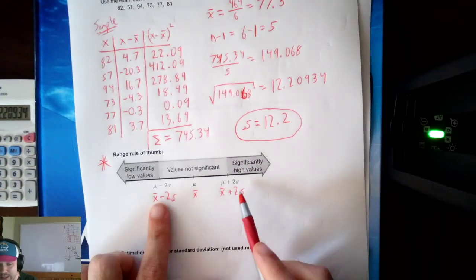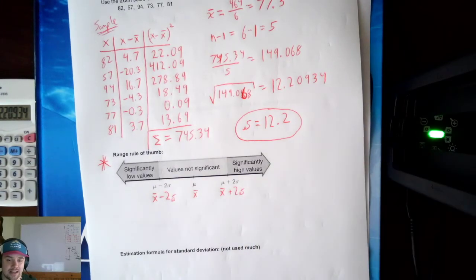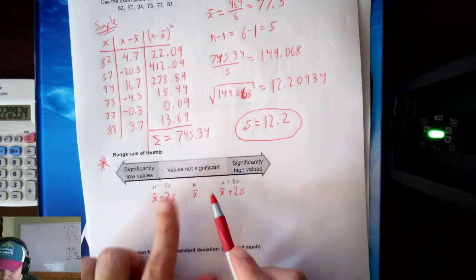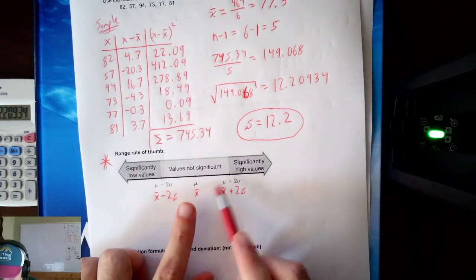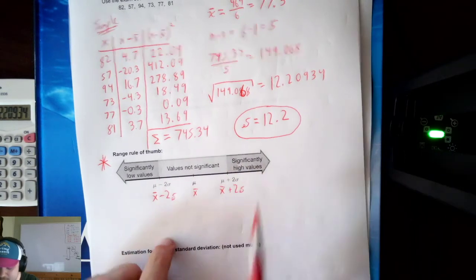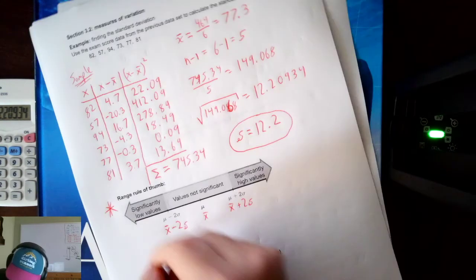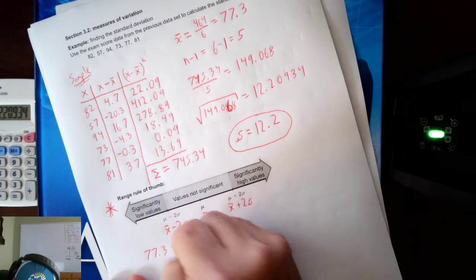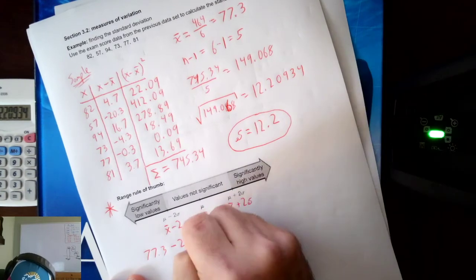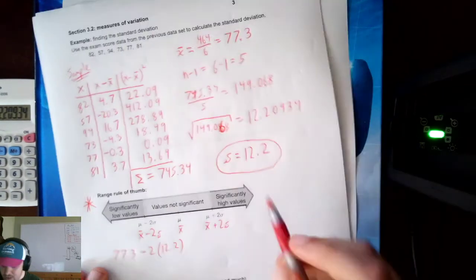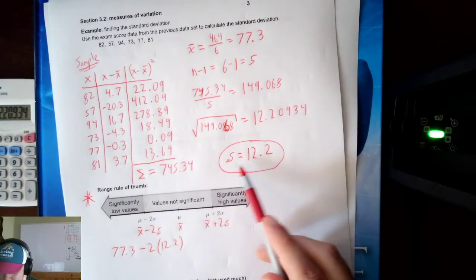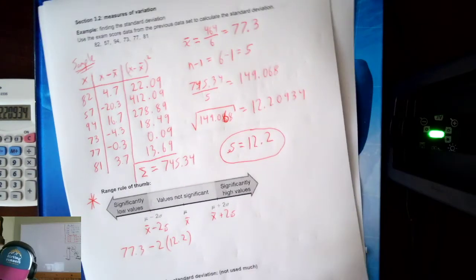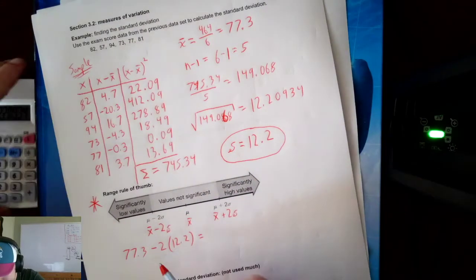The range rule of thumb says the cutoff for significant values is 2 standard deviations above or below the mean. So for our example here, if I do 77.3 minus 2 times the standard deviation, right? 77.3 minus 2 times 12.2. Well, you've got to multiply first, right?